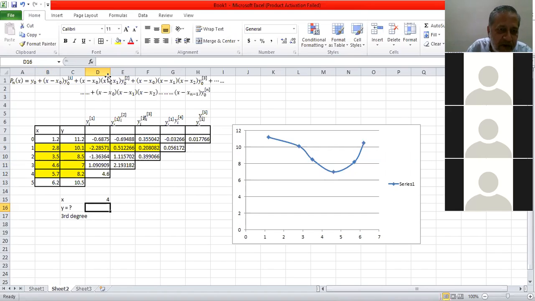This second order divided difference will be used here. This third order divided difference will be used here.